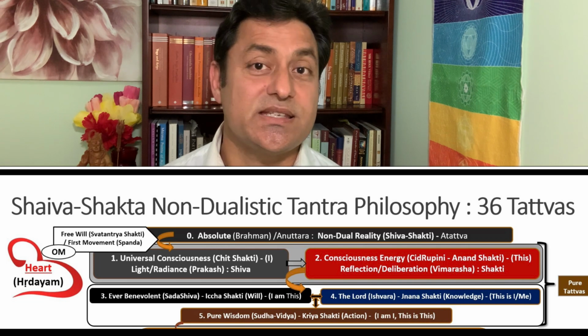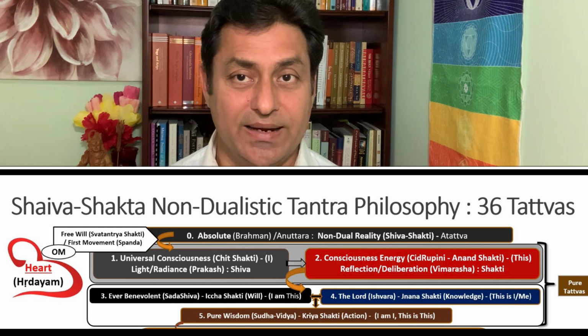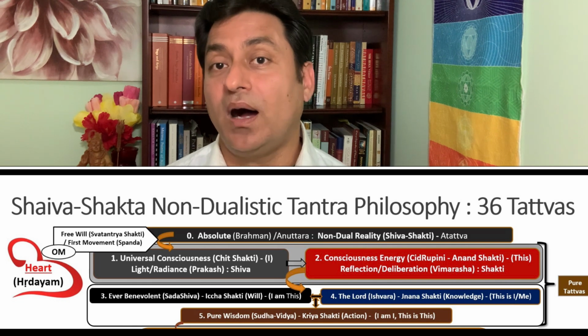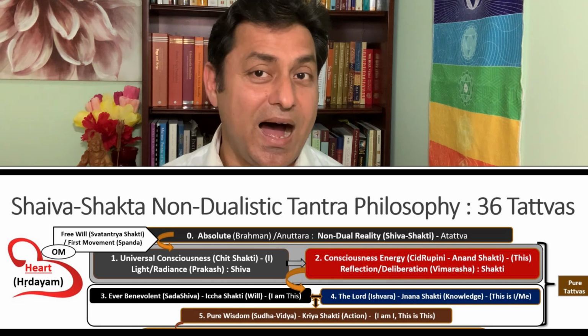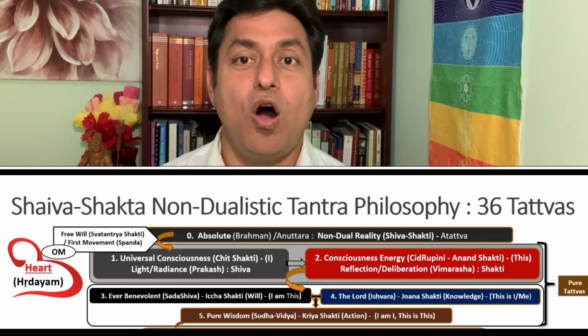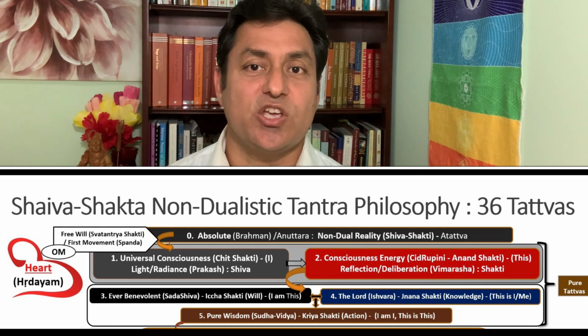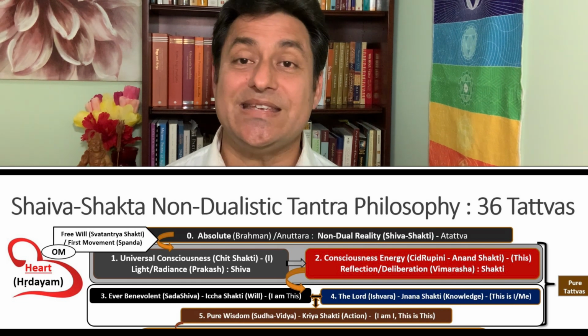In the next stage, the experience of the object becomes a little bit more defined, such as Idam Aham, or this is I, or this is me. This is called Ishvara Tattva, where the knowledge or Jnana Shakti predominates along with the power of concealment.